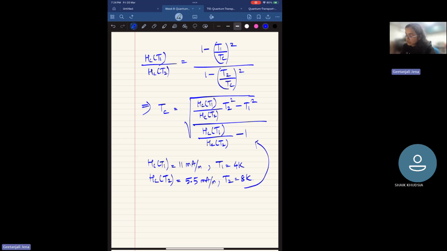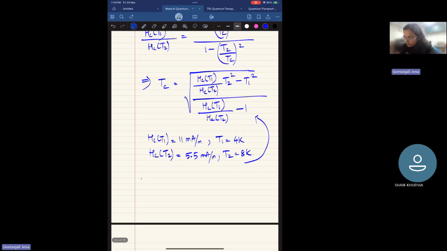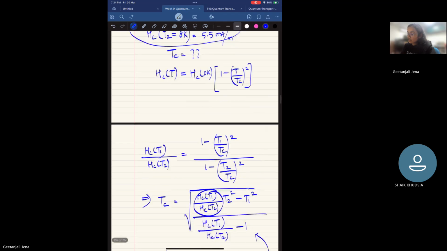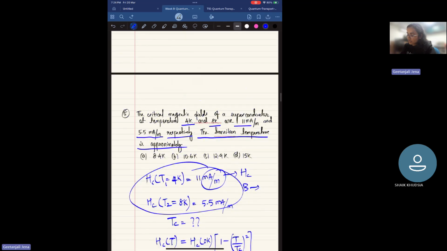We just need to put it here. This value will give 2. T2 square is 8 square, T1 square is 4 square, minus 2 minus 1. This will be roughly 10.6. So the critical temperature, which is the transition temperature, is 10.6 Kelvin.